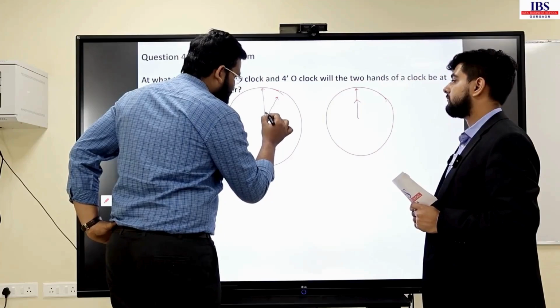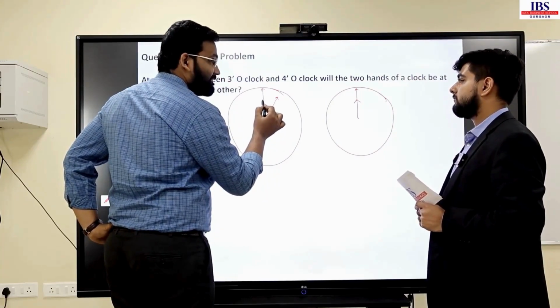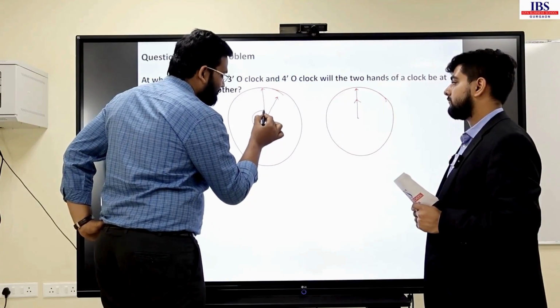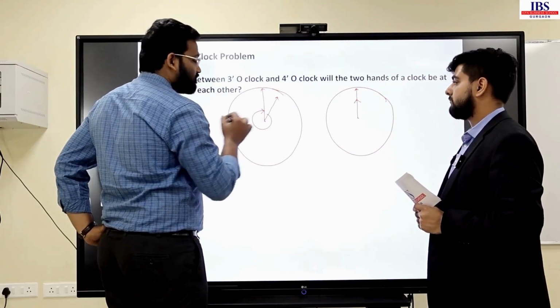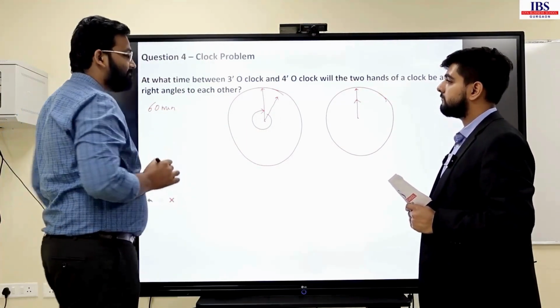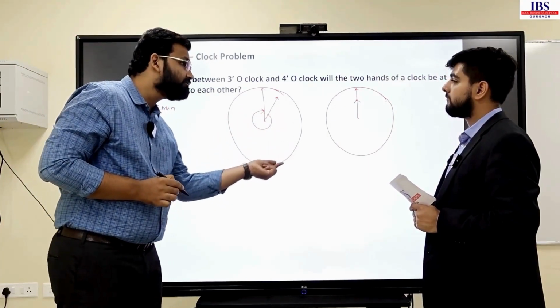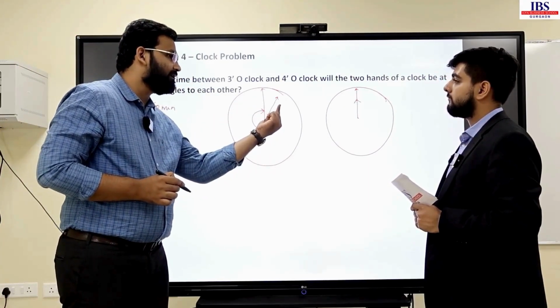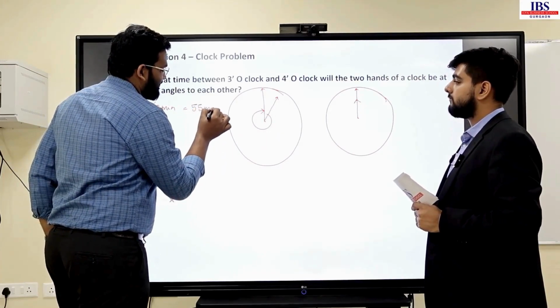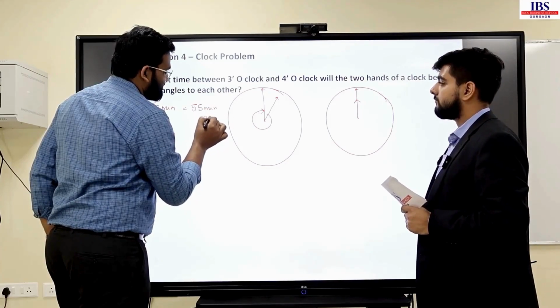So the actual distance which has been traveled by this minute hand with respect to the hour hand is only this much distance. So in 60 minutes, the minute hand is traveling how much distance with respect to the hour hand? We can say 55 minute spaces. Now what is 55 minute spaces?